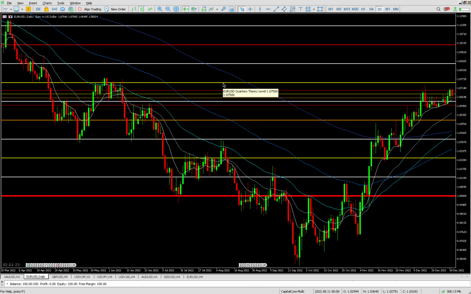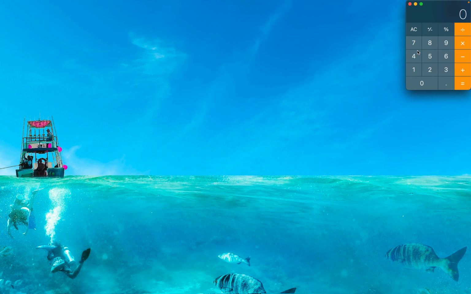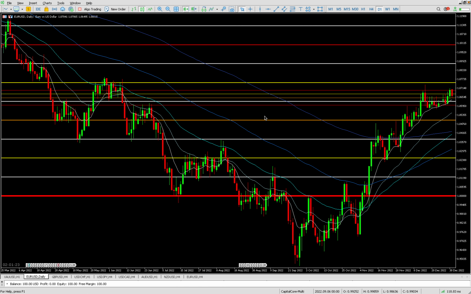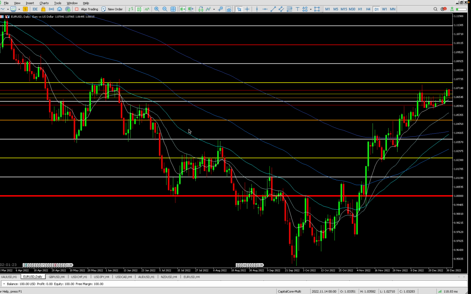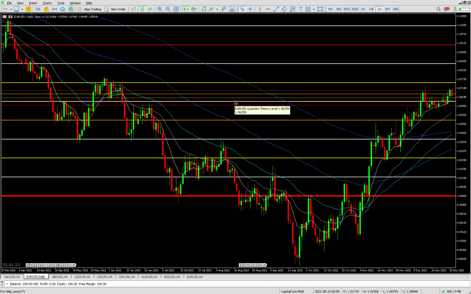If you want, we can do the math here. 7,500 minus 5,000 is 2,500. Divide that by 2, 1,250. So this one is just 5,000 plus 1,250, which is 6,250. See that? The math is very easy.